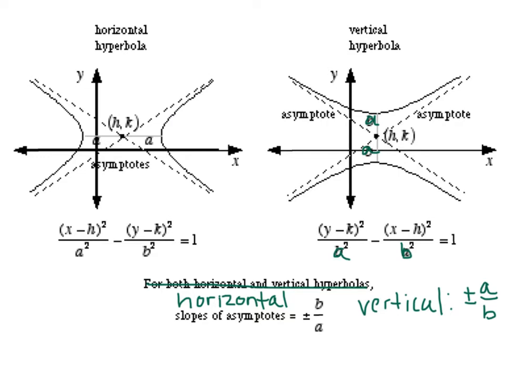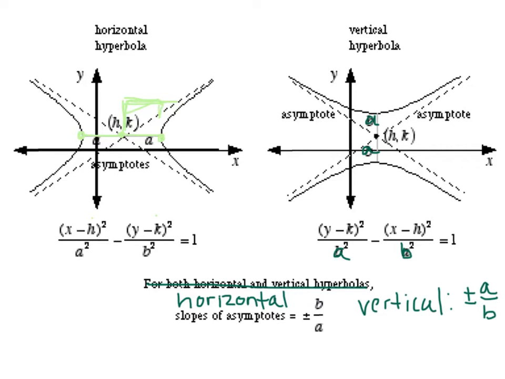Okay, so here we have another set of diagrams. This time we have one that's horizontal, it opens left and right, and we have one that's vertical, it opens up and down. So on our horizontal hyperbola, we have our center HK, and that shows up here and here. And then we have our A, which is the distance to your vertex, and it's left and right. And then you've got B, which is going to be the rise of slope in your asymptote.